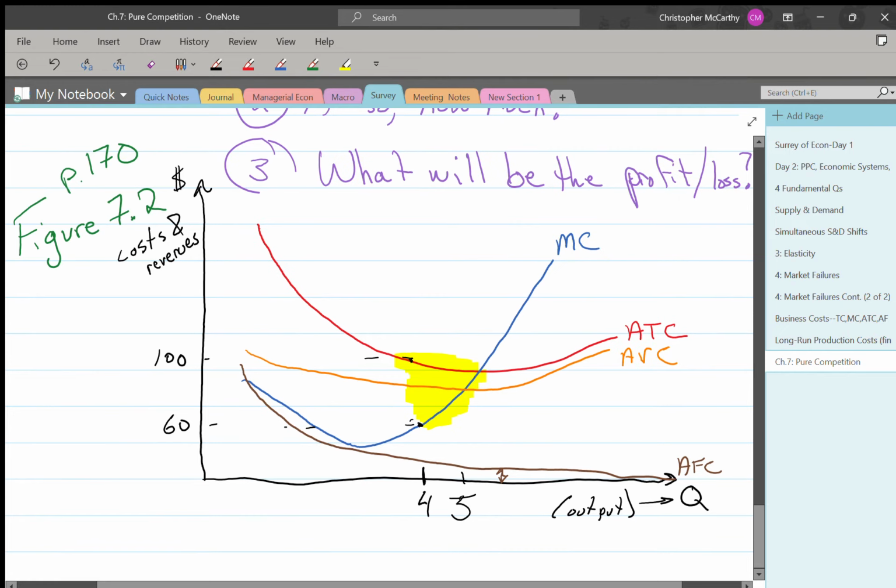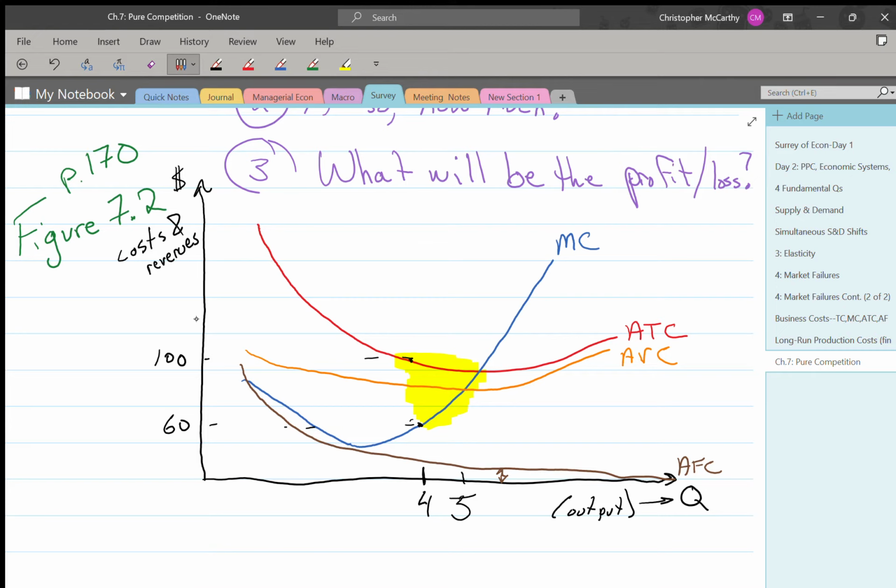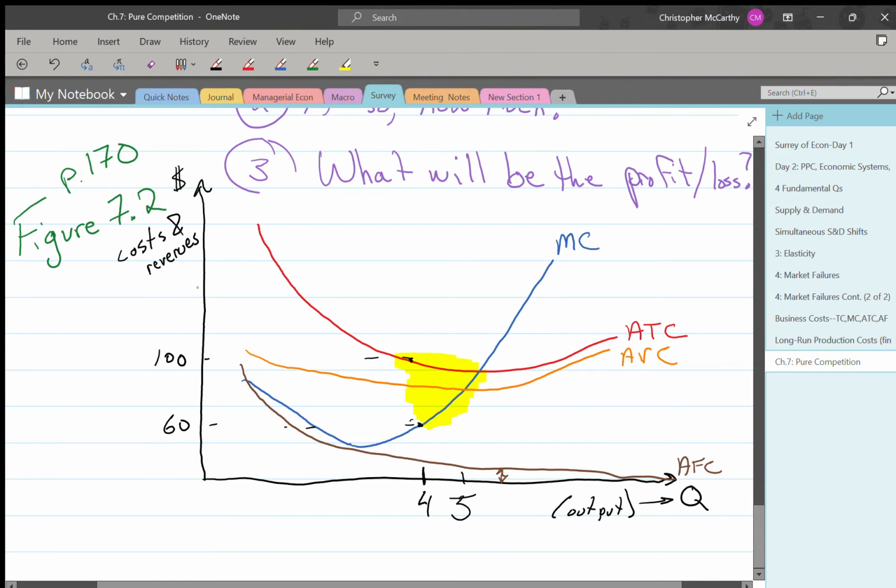And here we're told that the price is $131. So this is my marginal revenue, and this is equal to my demand curve for that firm.